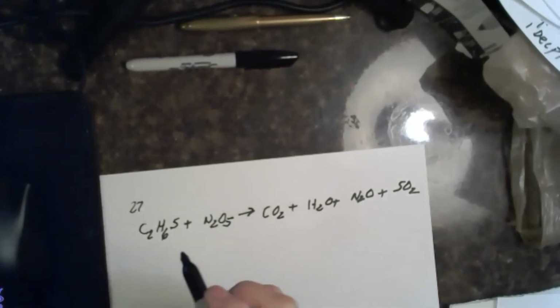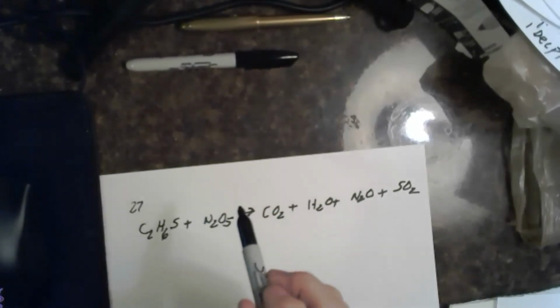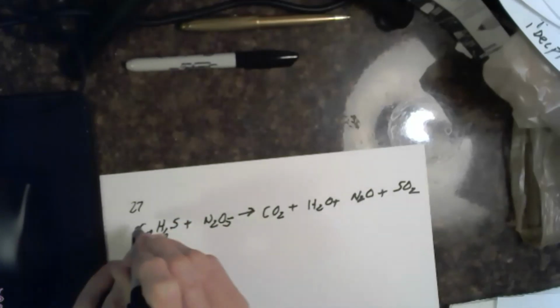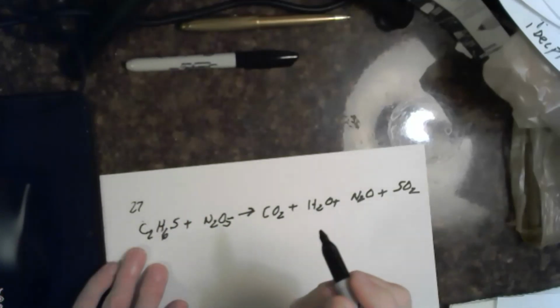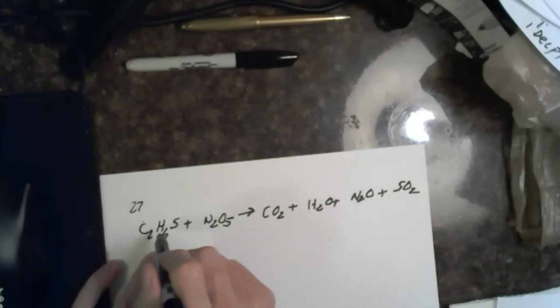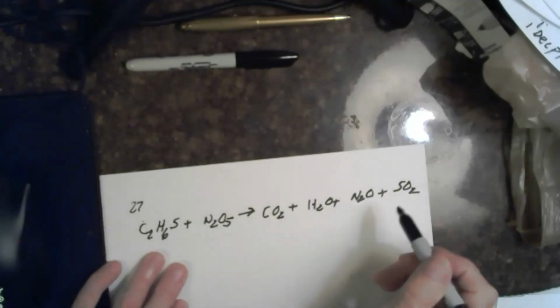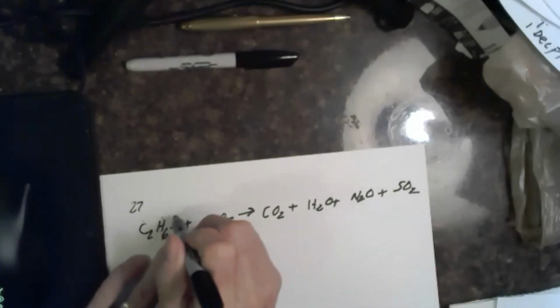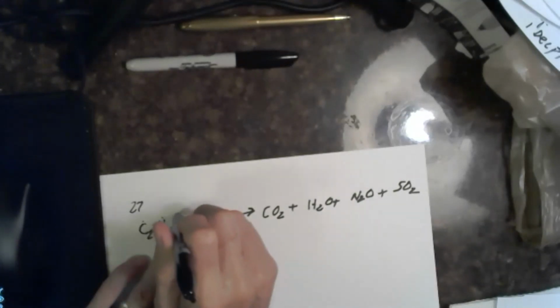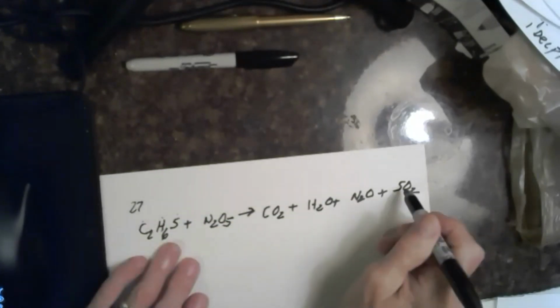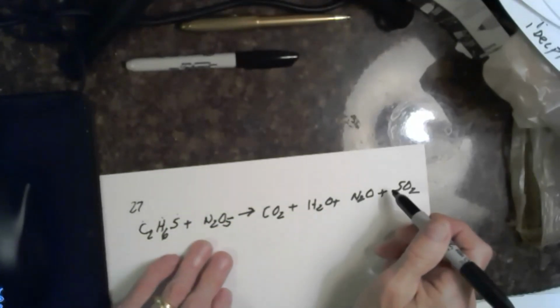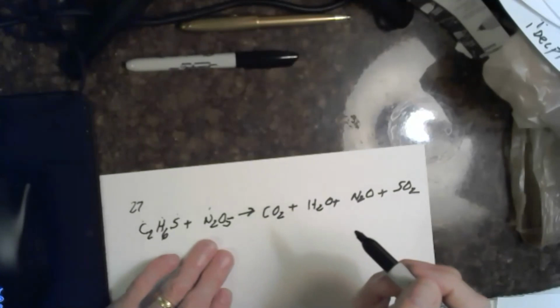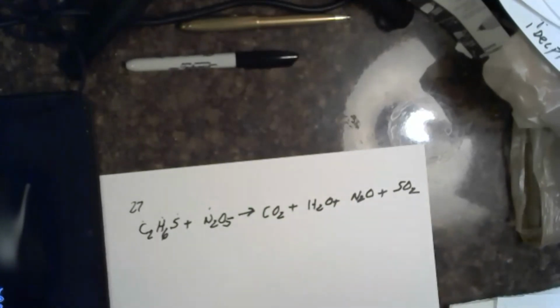Now, what we do first, we're looking for elements to start with. Carbon is in just one place on the left and the right, so I'm going to put a dot on it. Hydrogen is in this compound and this one only, so I'll put a dot on it. It's a possibility. Sulfur is in this one and this one. It would be okay to start. Nitrogen is in this one. I guess the only one I eliminate on first pass is oxygen.